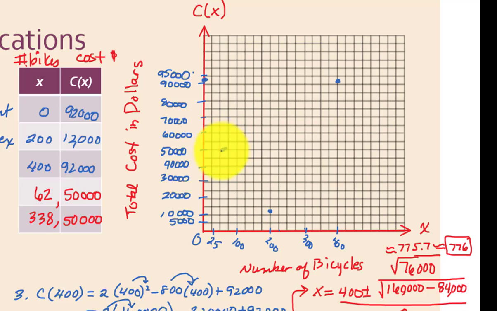You see the parabola taking shape now? And finally, 338, 50,000. So we can see our vertex point is indeed the lowest value in this parabola. So all we have to do now is connect these ordered pairs and we'll see the graph of our parabola.